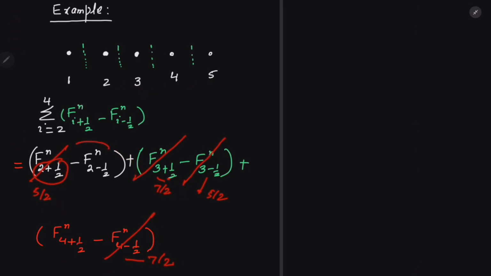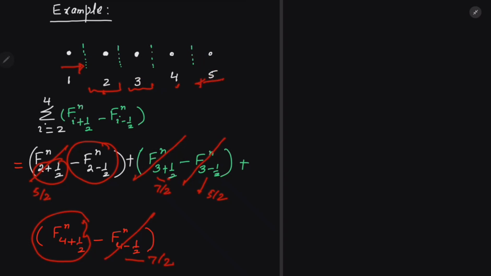The only terms left are the terms from cell number 2 and the terms from cell number 4. It means the fluxes from the interior cell have been cancelled out. So we are only left with fluxes from cell number 2 and cell number 4. So it means that something only enters from the left edge and the right edge.